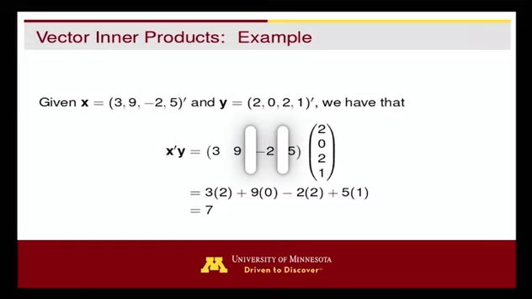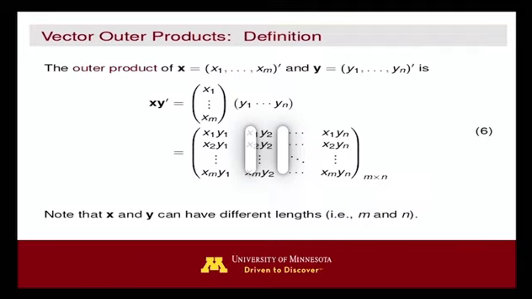Now we want to talk about vector outer products. There's something I want you to take note of. Here, I want to do x y prime. Initially, it was x prime y.